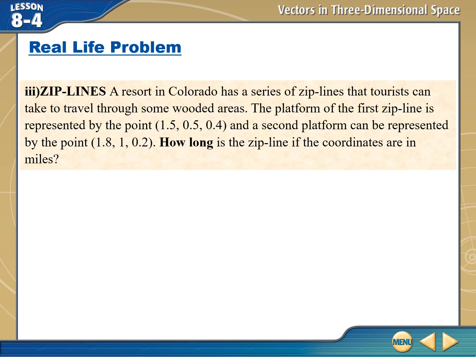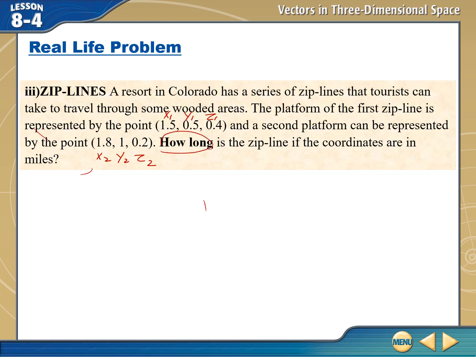A resort in Colorado has a series of zip lines that tourists can take to travel through some wooded areas. The platform of the first zip line is represented by the coordinates x1 1.5, y1 0.5 and z1 0.4, and the second platform can be represented by the points x2, y2 and z2 1.8, 1 and 0.2 respectively.